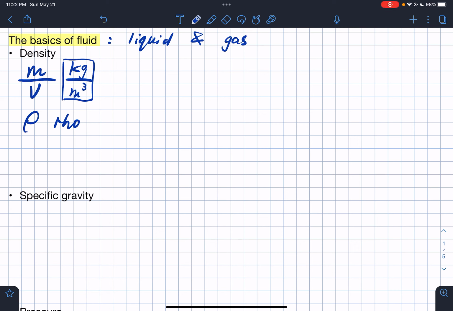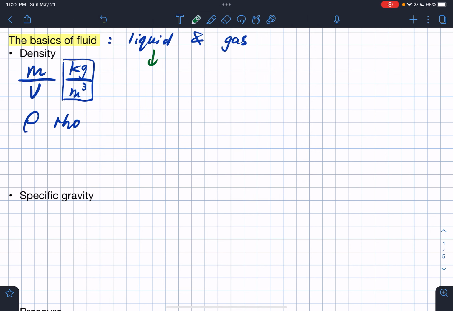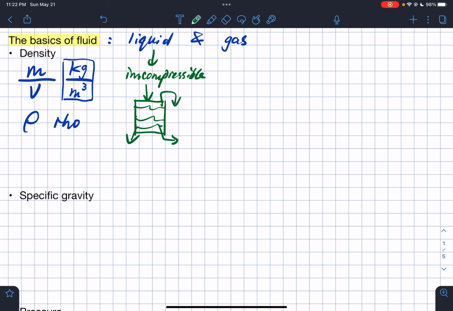The difference between liquid density and gas density is that liquid is usually incompressible, which means that if you have some liquid and you want to press it down, the liquid has to leak out or get spilled out in some way, right?